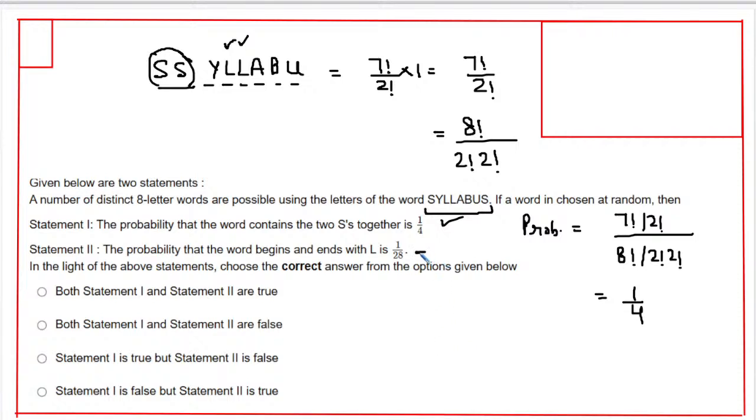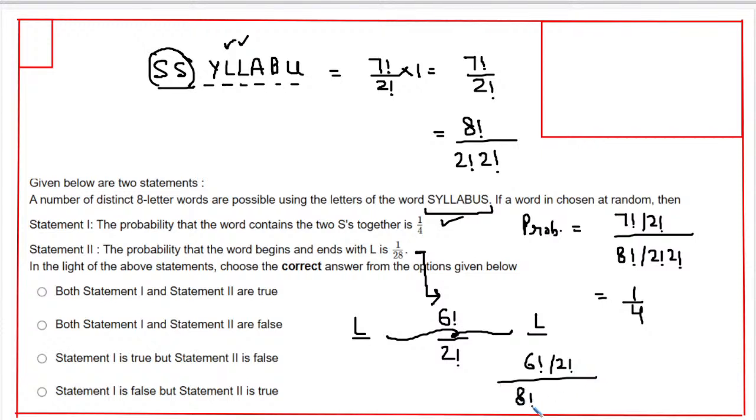Similarly, check the second option. When L is on either side, then we have to only arrange the 6 letters. They can be arranged in 6 factorial by 2 factorial. So nothing changes. It is 6 factorial by 2 factorial, which will give you 2 upon 56, which is 1 by 28.